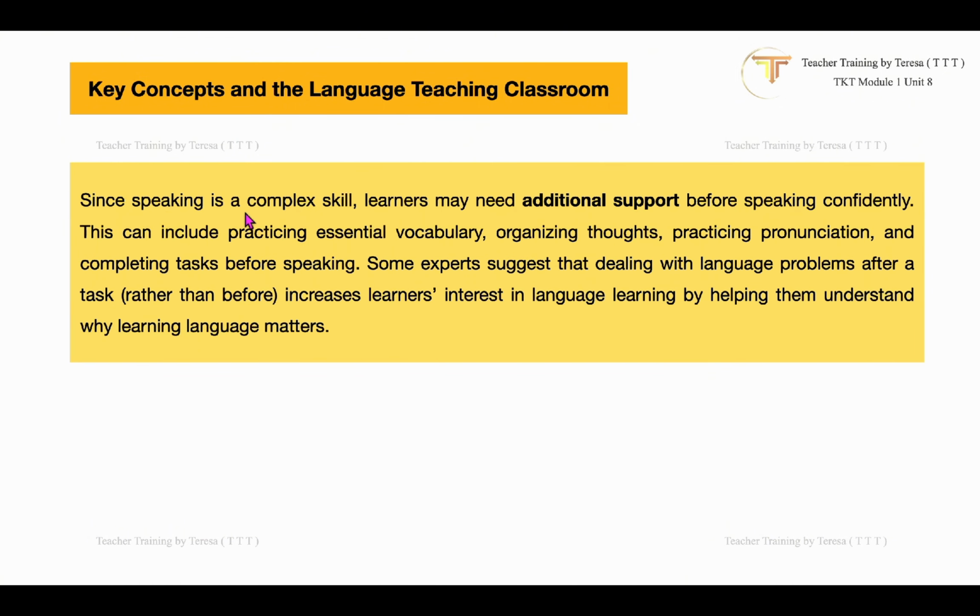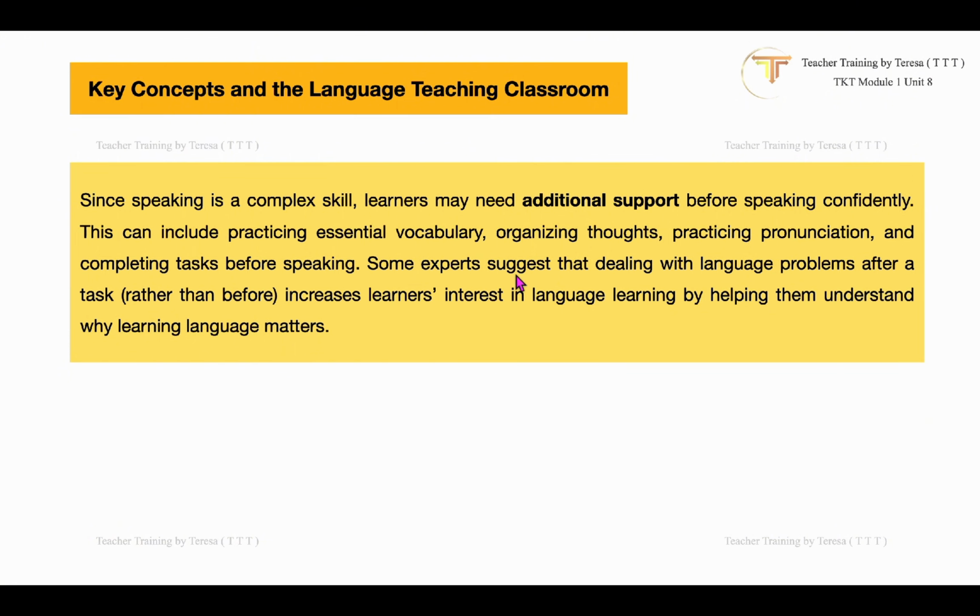Since speaking is a complex skill, learners may need additional support before speaking confidently. This can include practicing essential vocabulary, organizing thoughts, practicing pronunciation, and completing tasks before speaking.